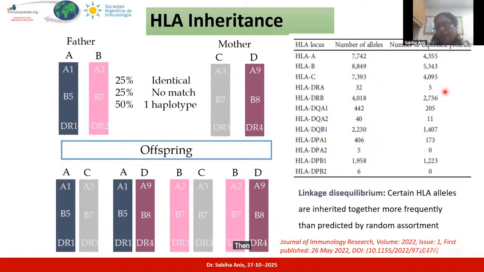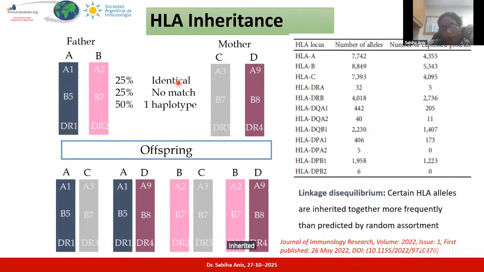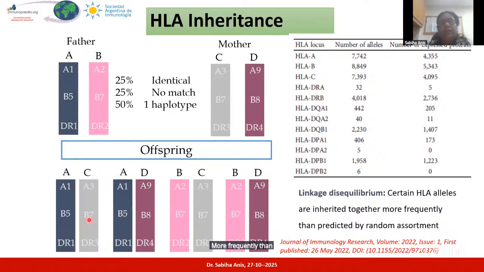Then there is the phenomenon called linkage disequilibrium. What happens in linkage disequilibrium is, as you can see over here, that some of the haplotypes are actually inherited in blocks. So in linkage disequilibrium, certain HLA alleles are inherited together more frequently than predicted by random assortment.